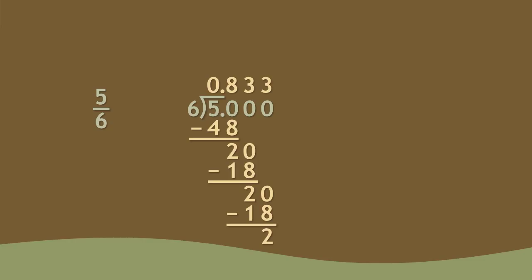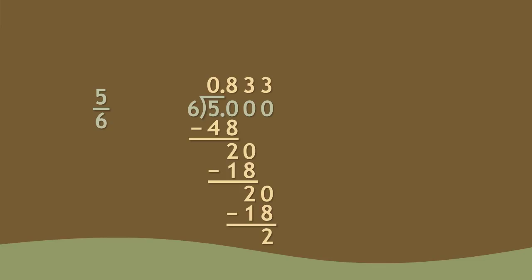We need to add some zeros, and then we would do our division. Now, you can look through the steps that we did here, and you'll see that we kept having a remainder of 2 and had to bring down a 0 and another 0. And so we could have had 0.833333. It could have kept going and going. But for the sake of working with percents, remember, we're wanting to just get to that magic number of 100.